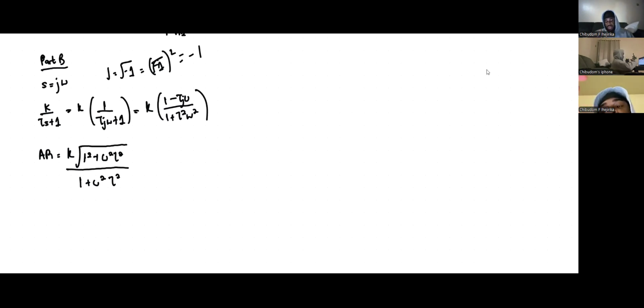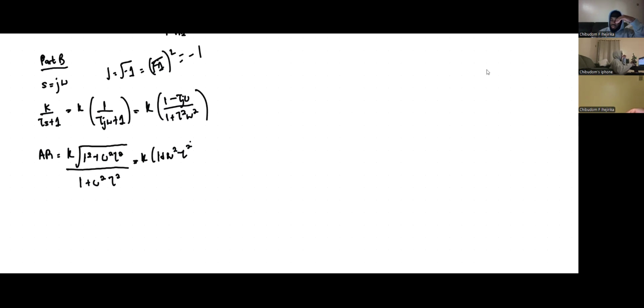So now we want to find what our system will be in this case, and it's basically this divided by that. It's the same thing, but this one is to the power of half and this one is to the power of 1, so half minus 1. That's basically equal to K multiplied by 1 plus W tau squared to the power of -1/2.